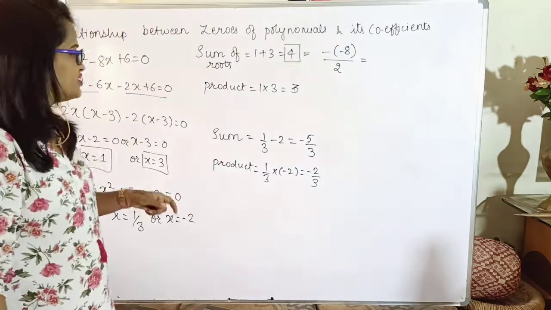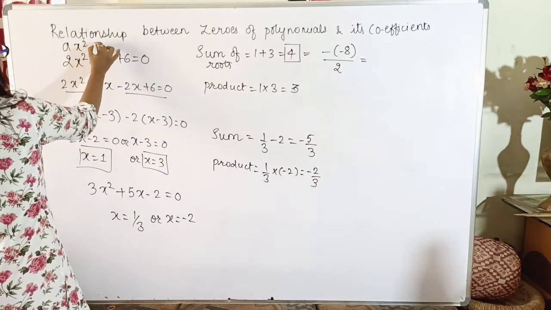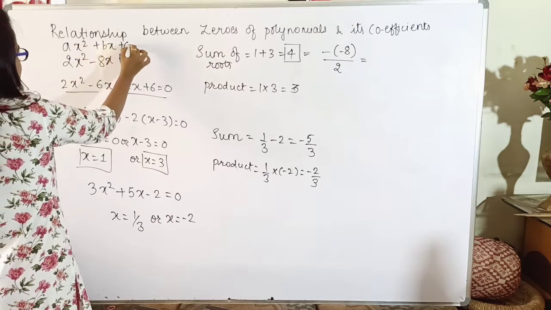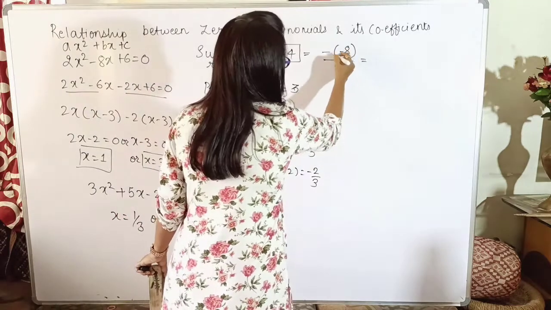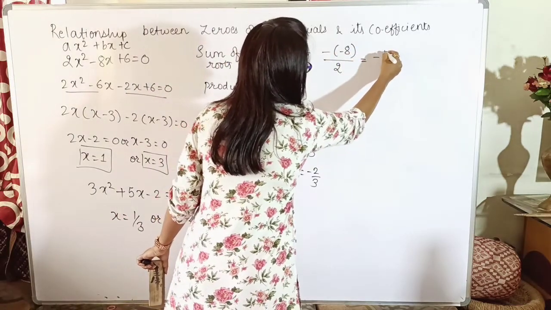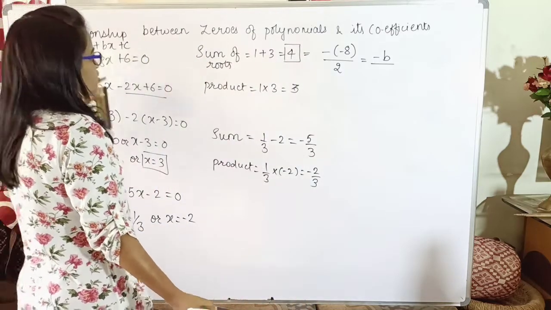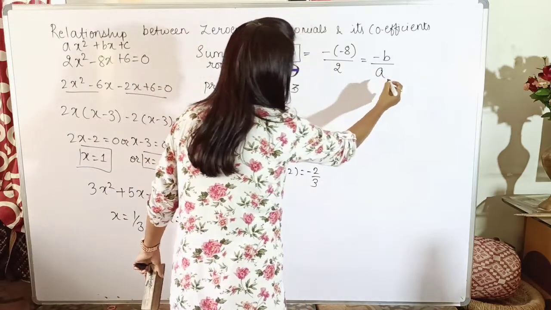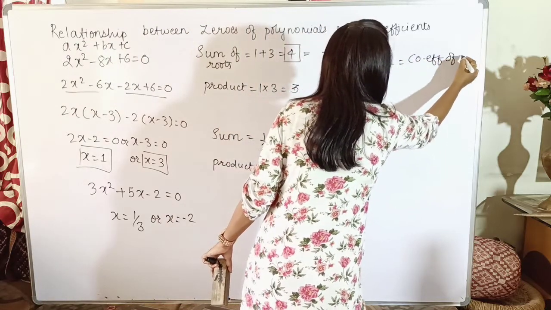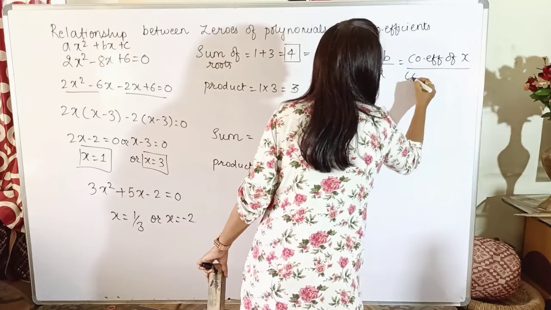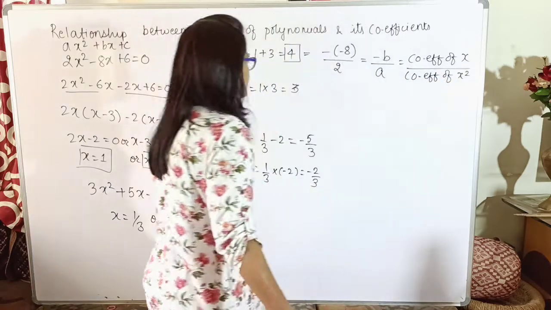If you compare this with our standard form, ax square plus bx plus c, minus 8 is the value of b. So instead of minus 8, I will write it as b, whereas 2 is the value of a, which means minus b by a, where b is the coefficient of x, whereas a is the coefficient of x square.